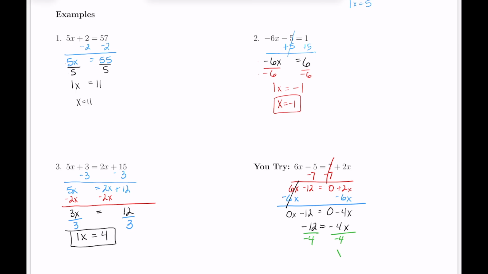Now, if you did it the first way I had it, you should have still gotten x equals 3, and this time I have 3 equals x. That's the same thing. Okay, so if you have 3 equals x, or if you have x equals 3, it doesn't really matter. That's the same. You should always plug these back in to make sure that they work. I'm going to trust that I did it right, though.